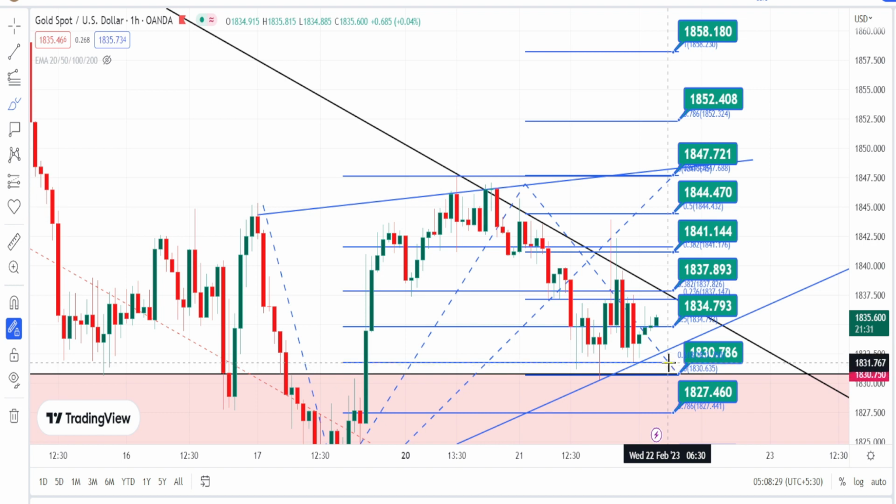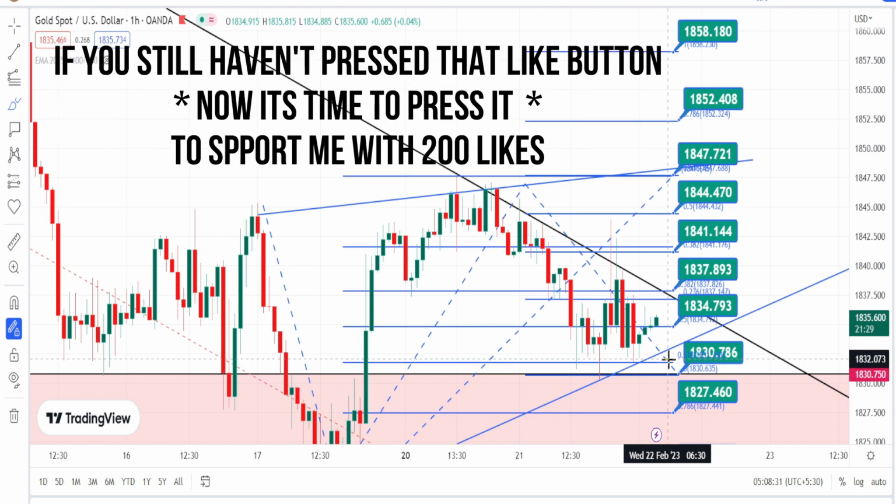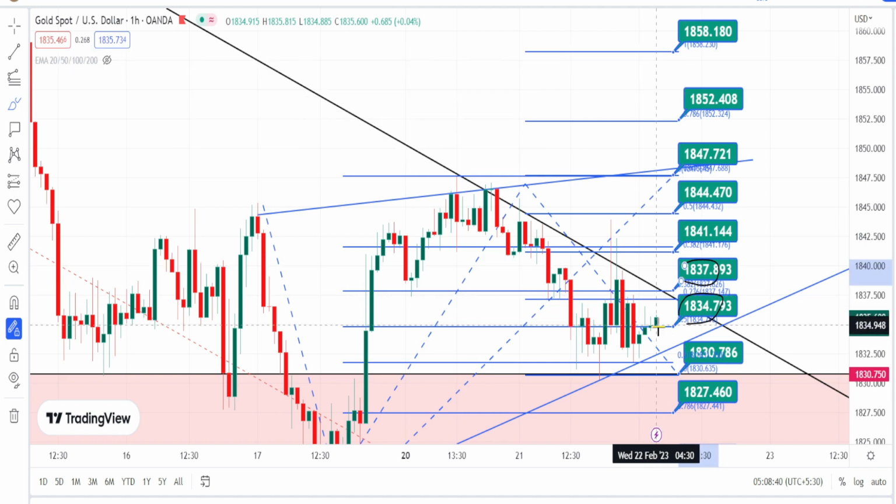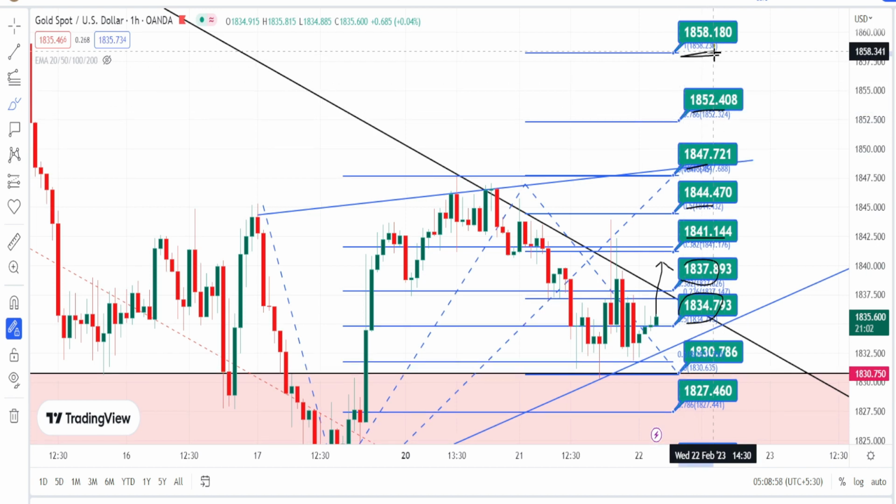So when we look at the support and resistance levels for hourly time frame, currently it is trading between the support level of 1834 and resistance level of 1837, and if the bullish side retracement continues, next level of resistance is going to be around 1841, 1844, 1847, 1852 and 1858.